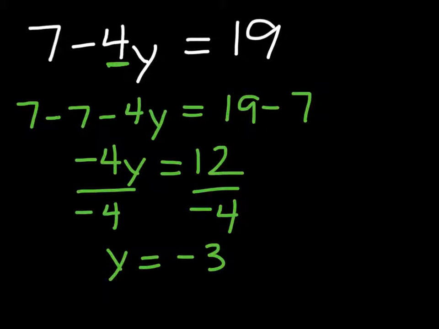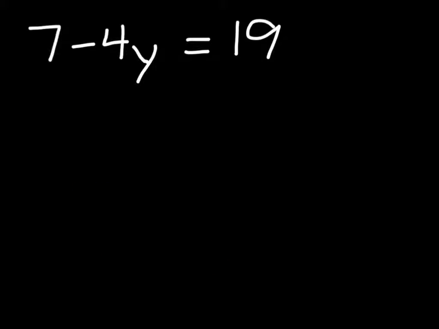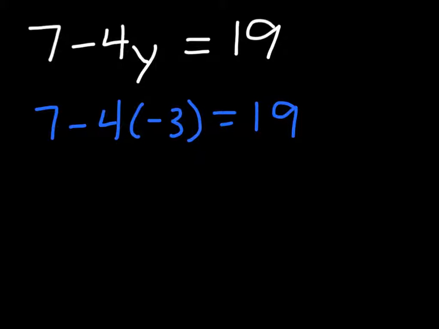So y equals -3. Let's check our work by substituting -3 for y in our original equation. Let's rewrite our equation with -3 as our value of y and see what we get. 7 minus 4 times -3: 4 times 3 is 12, and we'll have a positive.